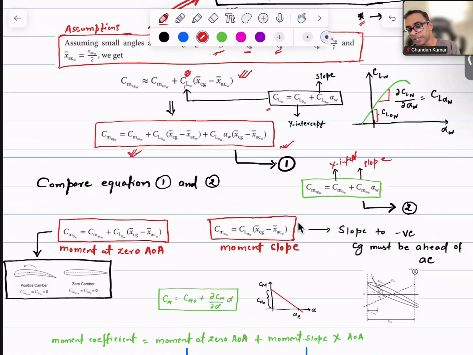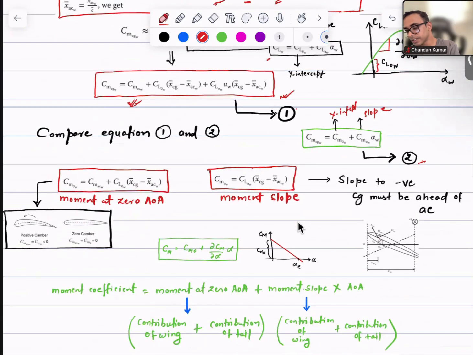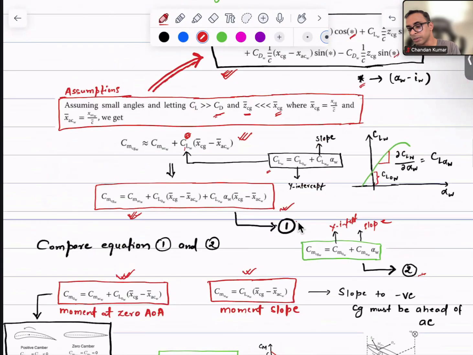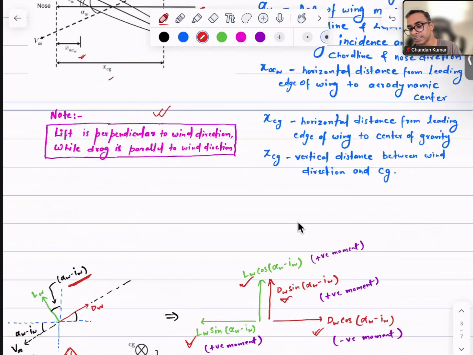So when we compare equation 1 and equation 2, we can see that this is going to be the contribution from the wing to the moment at zero angle of attack, and this is going to be the contribution from the wing to the moment slope, right?